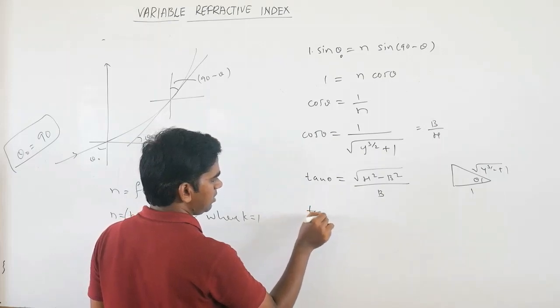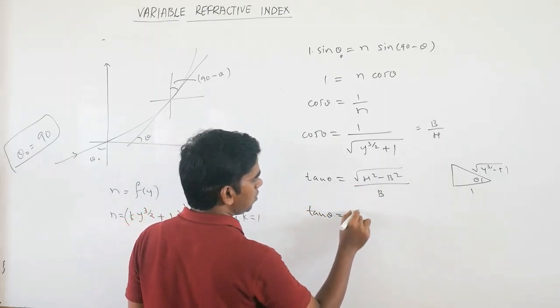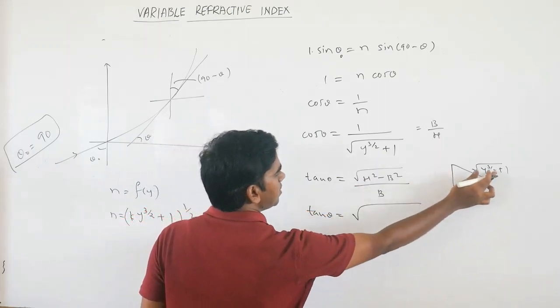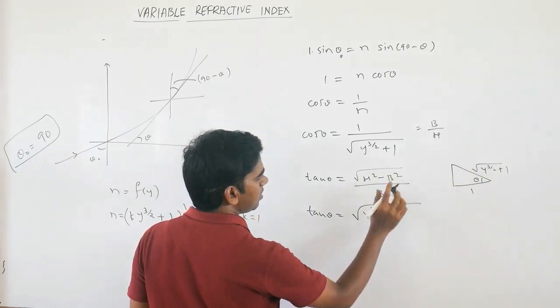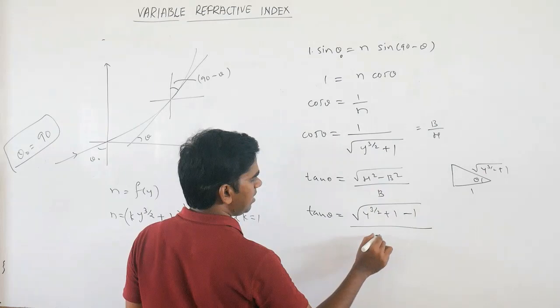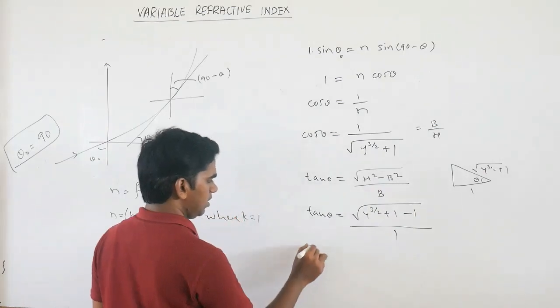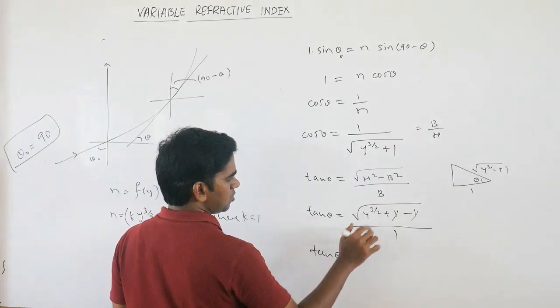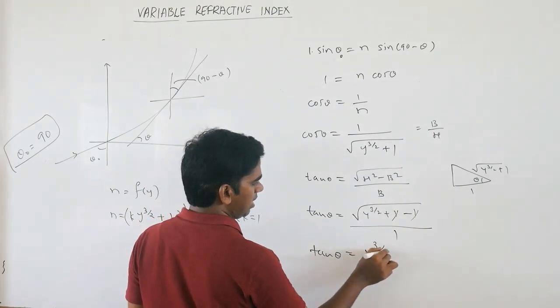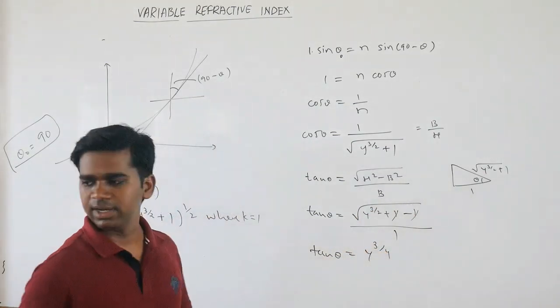Now tan theta equals root of hypotenuse square minus base square, divided by base. The square and root will go, so it is y raised to 3 by 2 plus 1, minus 1, divided by base, which is 1 only. So the 1 will get cancelled, and y raised to 3 by 4 becomes tan theta.